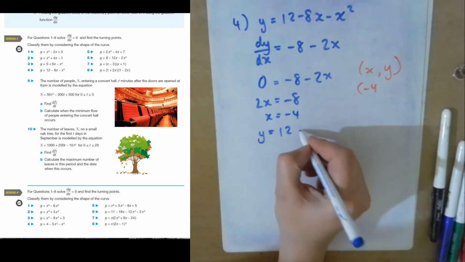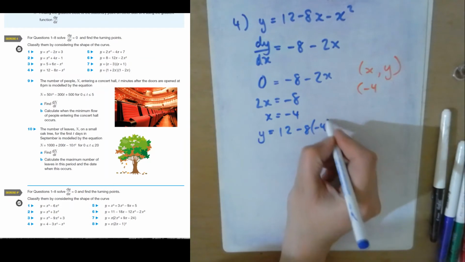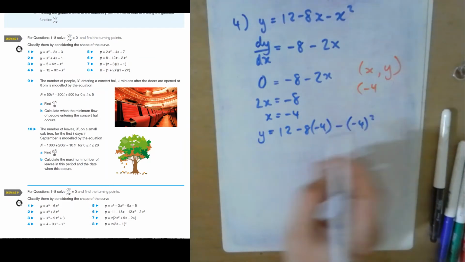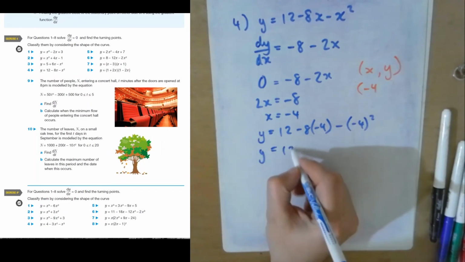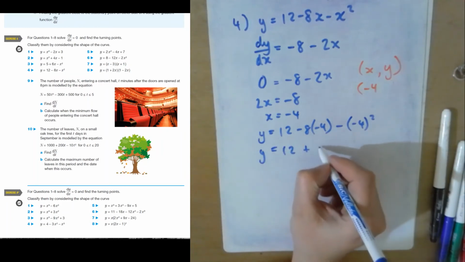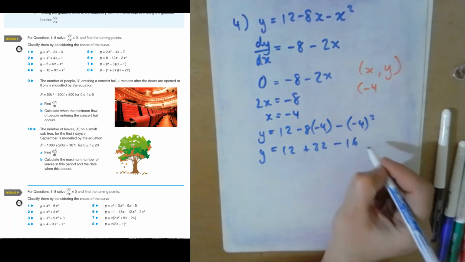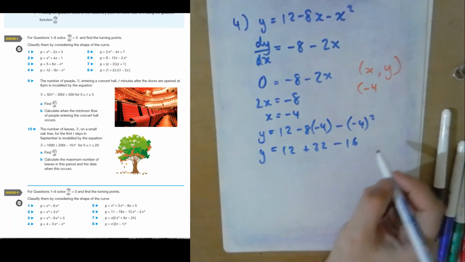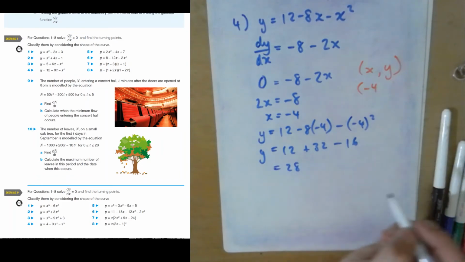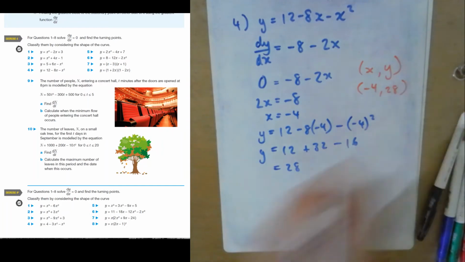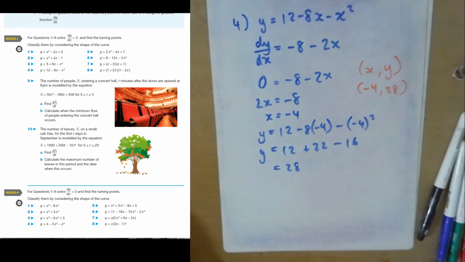So y equals 12, take away 8 times negative 4, take away negative 4 squared. So this would be 12 plus 32, take away 16. So 28, I think. So that would be my turning point.